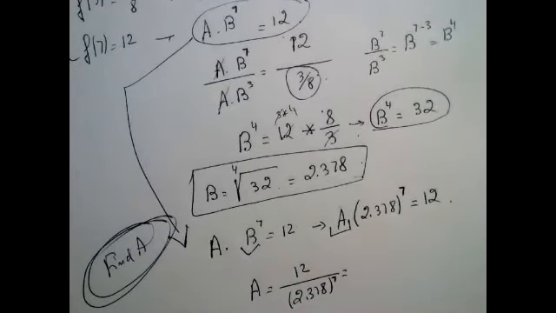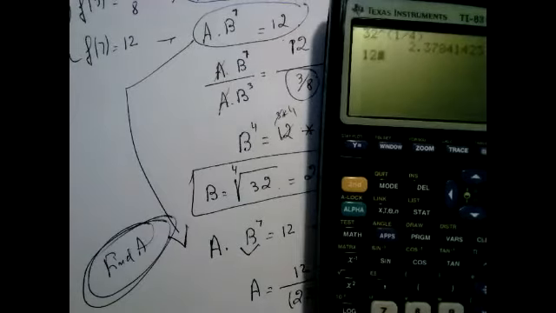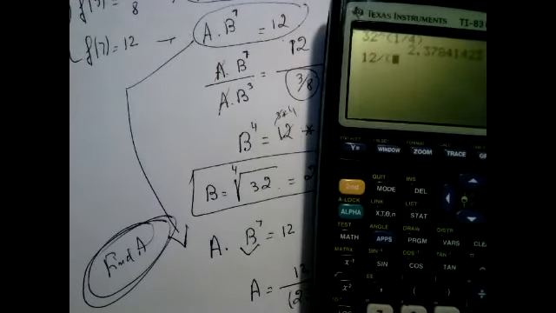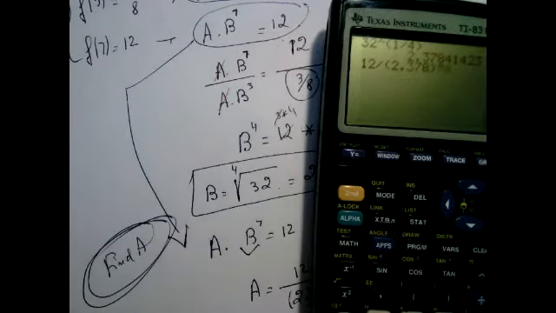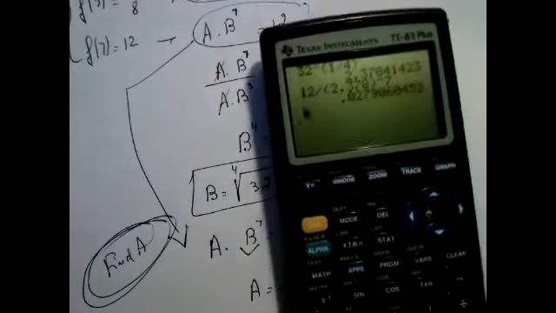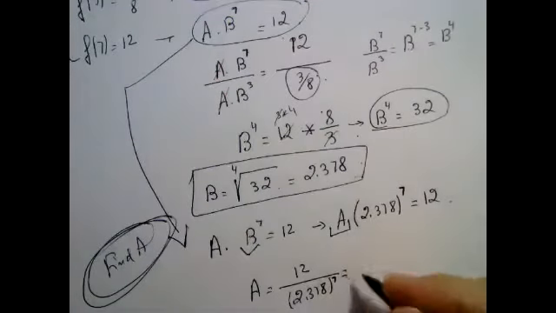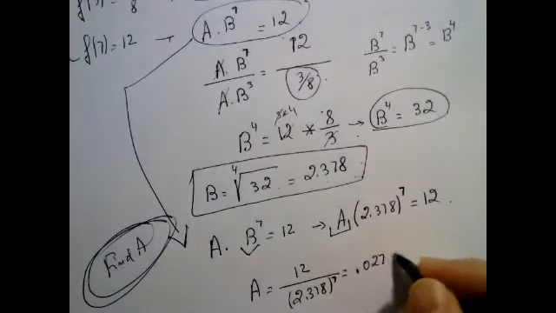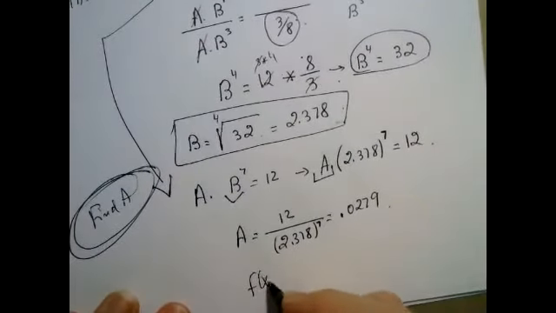And then I just basically pick up the calculator and evaluate. So I need 12 divided by 2.378 to the power 7. Okay, so I'm getting 0.0279. So what's my function f?